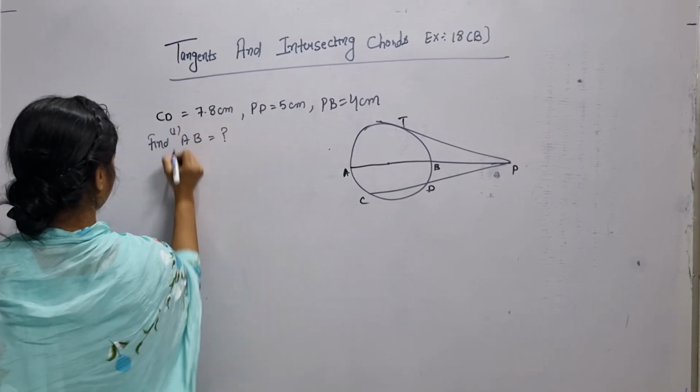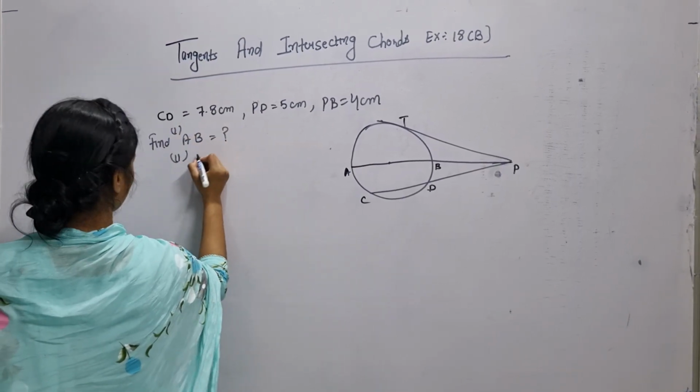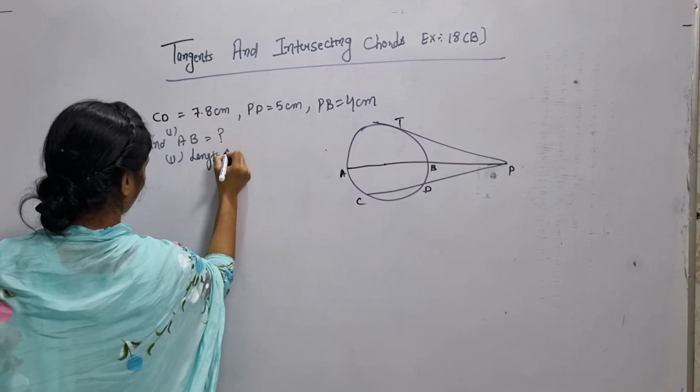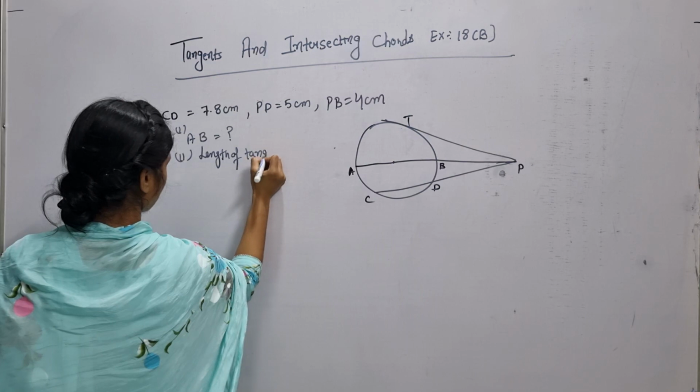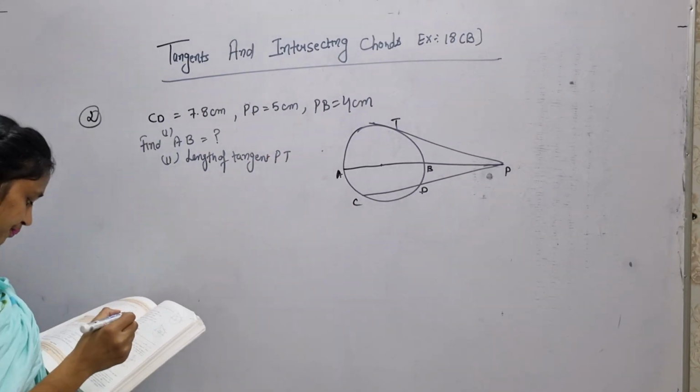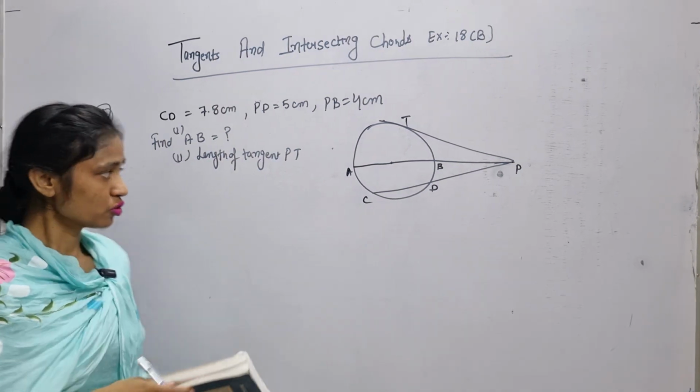Okay, you need to find AB first, and then the length of the tangent PT.